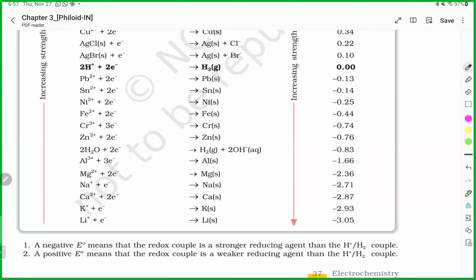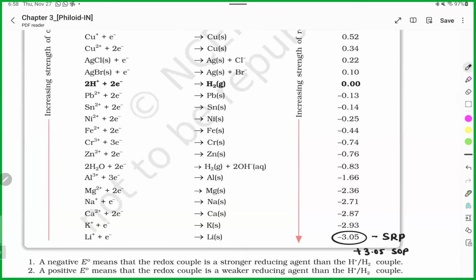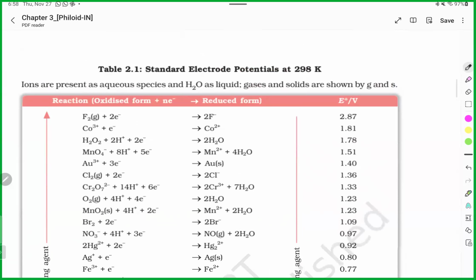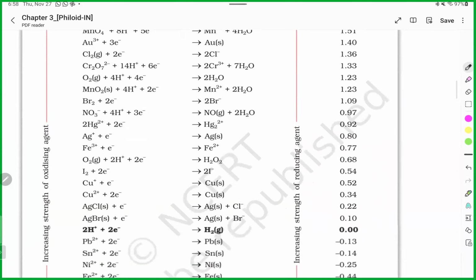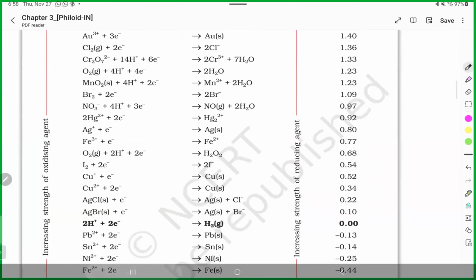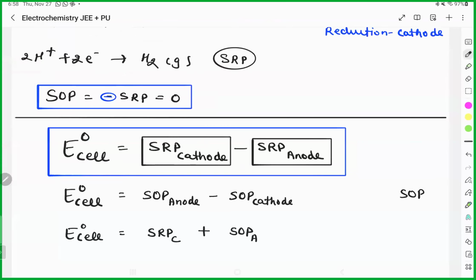Makes sense? This is a negative value of standard reduction potential. In oxidation, it will be plus 3.05 standard oxidation potential. Makes sense? So usually we take the table in reduction potential, and that's why reduction values are positive and oxidation values are negative.